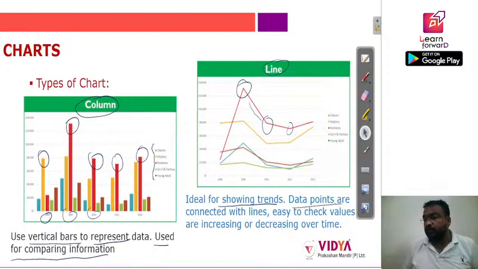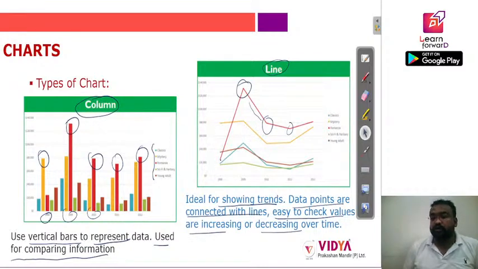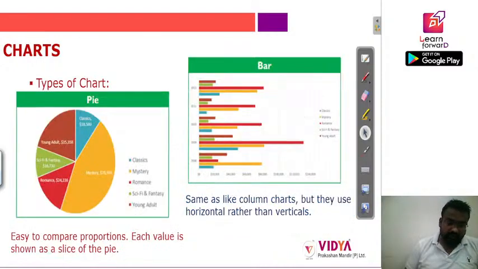In this, data points are connected with lines, so you can easily check whether values are increasing or decreasing over time. You can easily identify, okay, that product got a huge sale this year, but after that the sale declined, and later in the year it again started to rise. So this is how you can use your line chart.